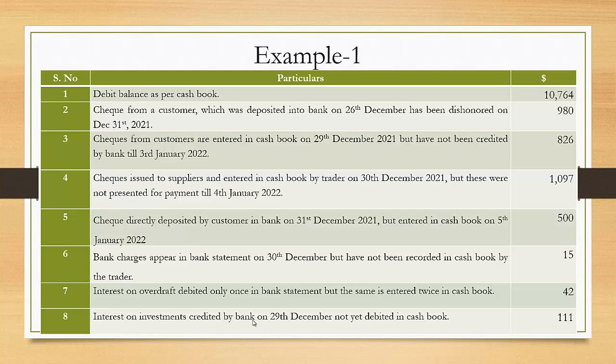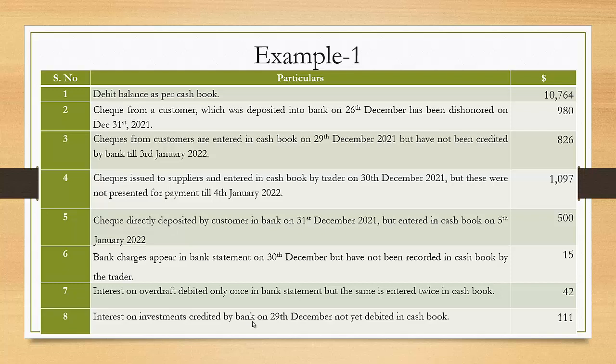Here I have listed, you can see, 8 different reasons, starting with the first one, which is about debit balance as per cash book. So this is the balance as per cash book. The cash book shows a balance of cash 10,764.